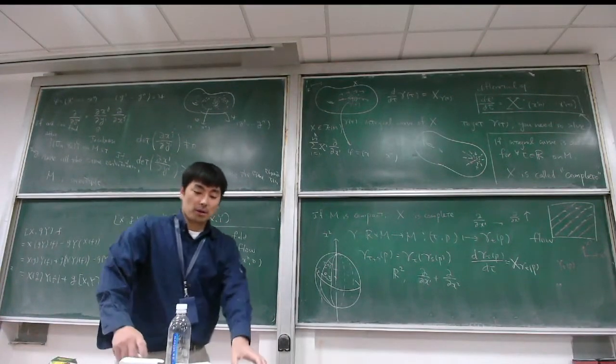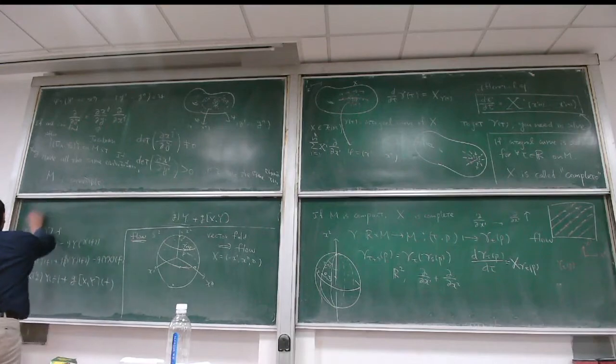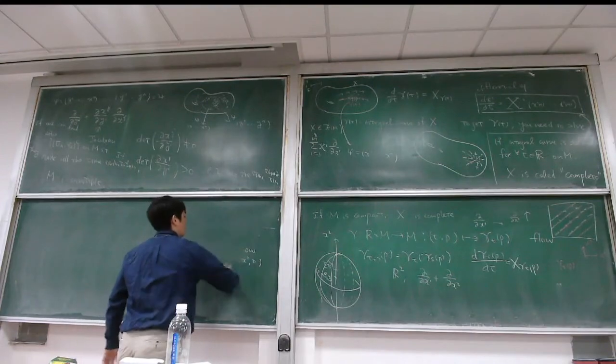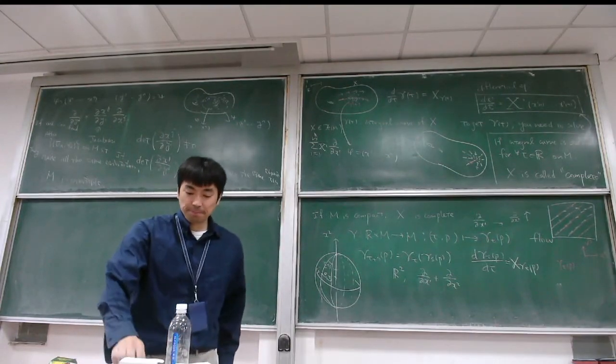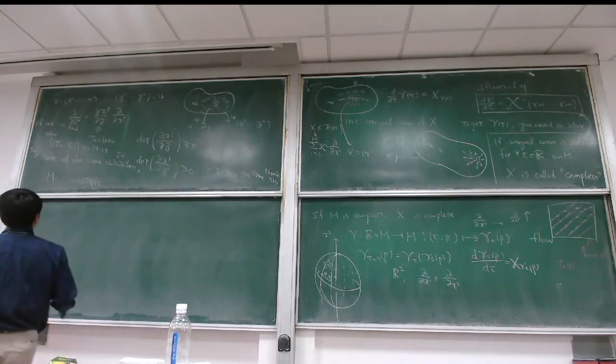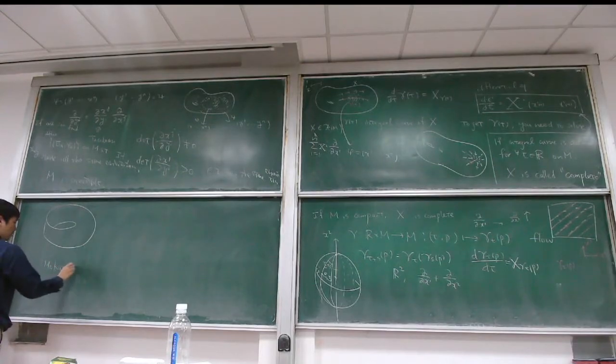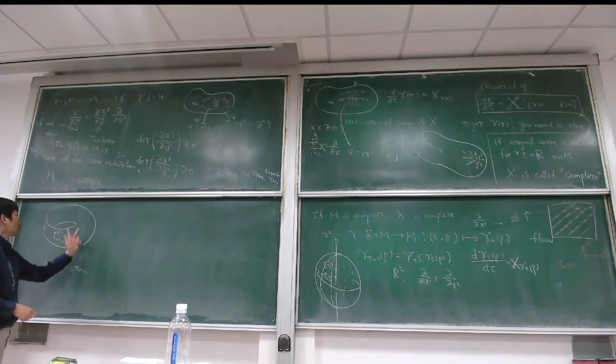Let me just give you one example. The famous example is a Mobius strip. If you start with the basis E1, E2 and move around, I always make a mistake.